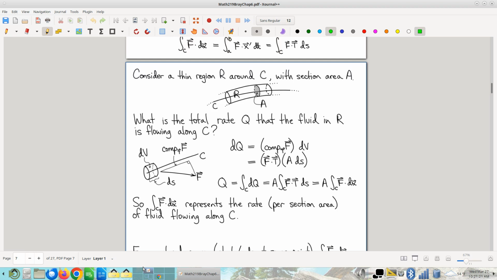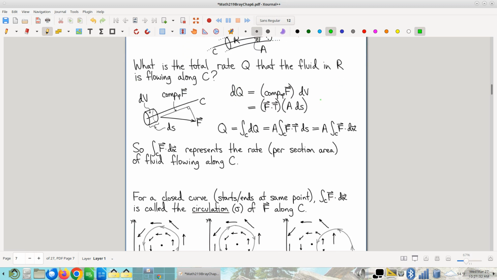And what we went through is a seemingly weird question that we answered, and then we reinterpreted the answer in relation to another question. And our punchline was that vector line integrals represent the extent to which the fluid is flowing along the curve per unit cross-sectional area. Obviously, more area means more of whatever this Q thing is.